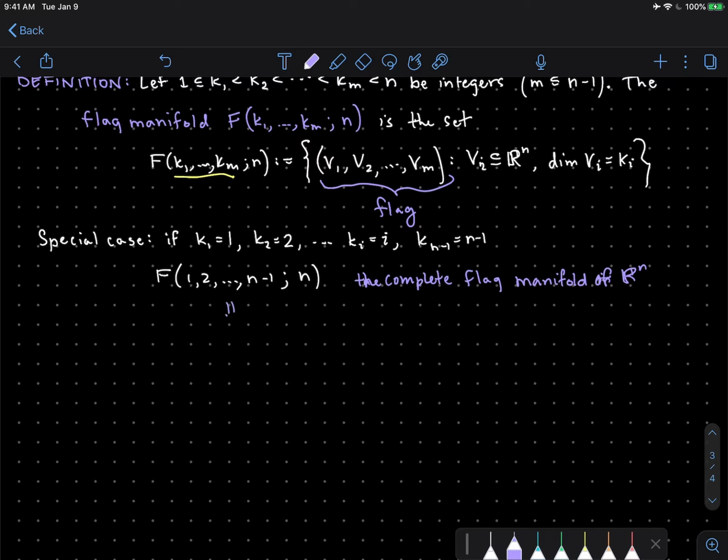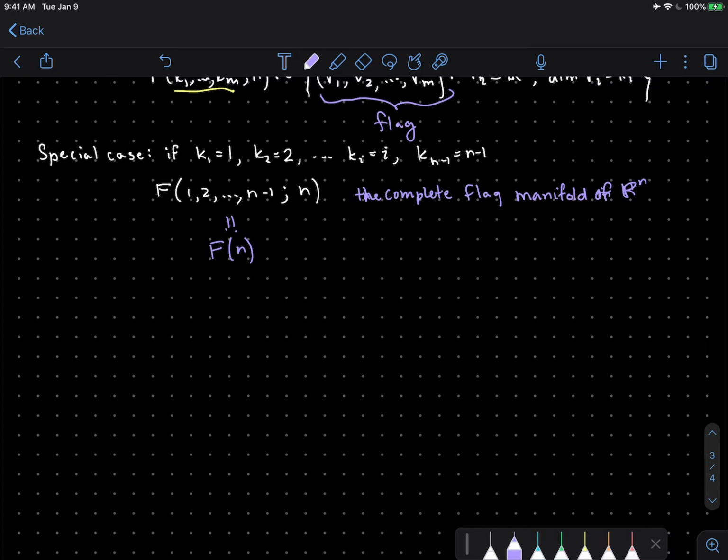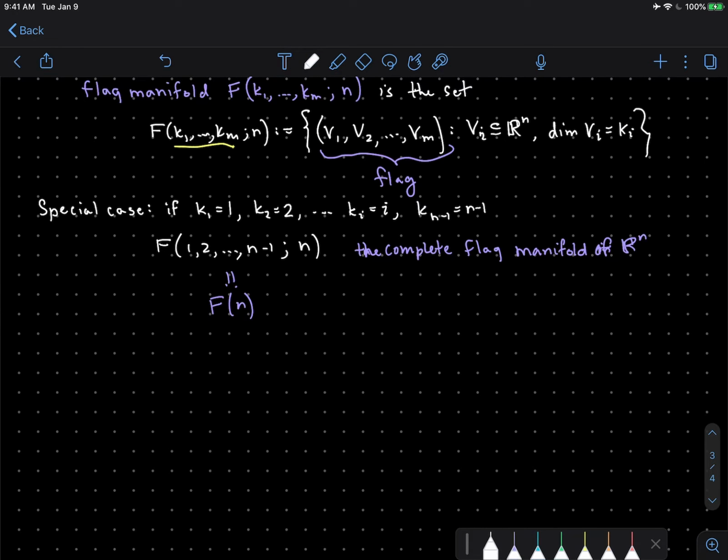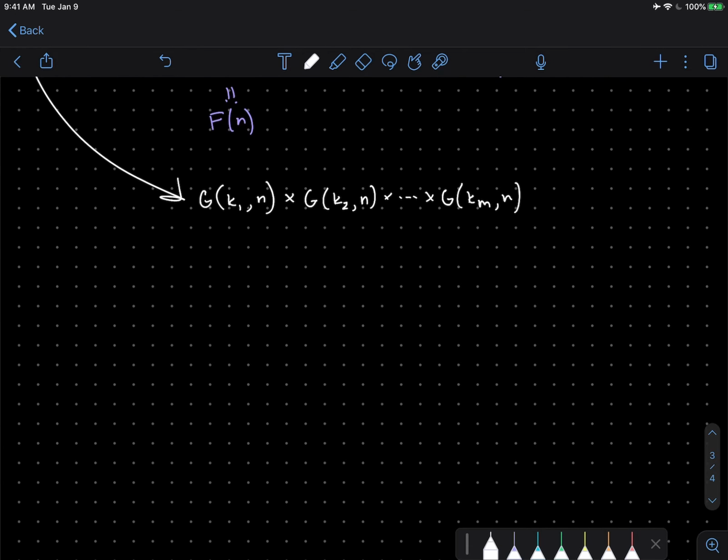And here we would write just simply F_n. You can topologize this in a number of ways. One way to topologize the general version is to consider it as a subspace of G(k1, n) cross G(k2, n), and so forth. So that's a possible way to topologize it.